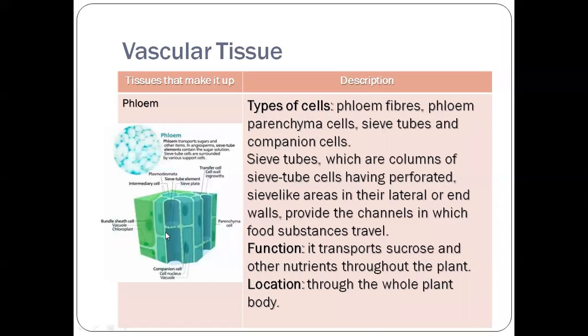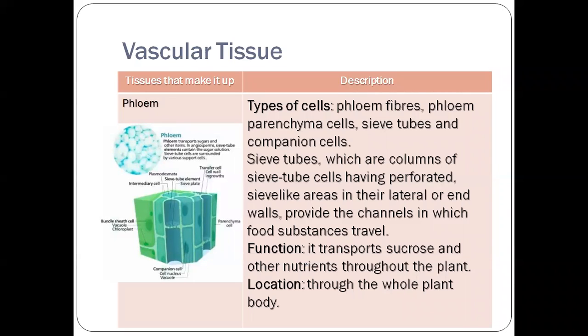So if you see here, we have transfer cells, we have sieve plate, sieve tube, desde el tubito o el vaso por donde se va a transportar las sustancias. Aquí están las paredes y provee canales por donde pase la comida a través de ellos. Function, as I said already, transport food, transport sucrose, that will be sugar, and other nutrients through the plant.